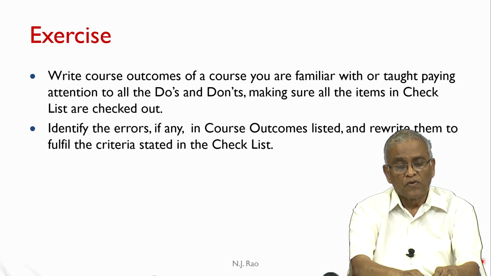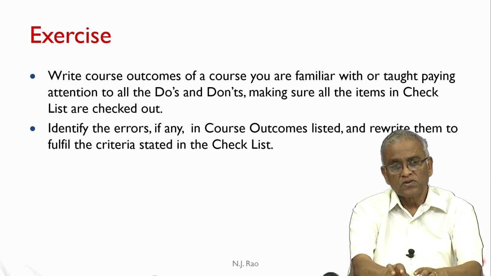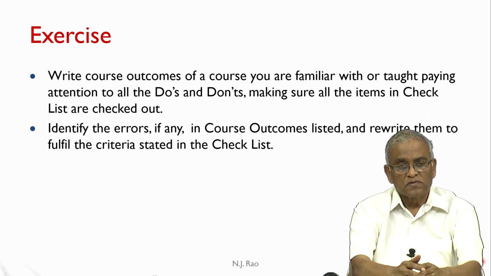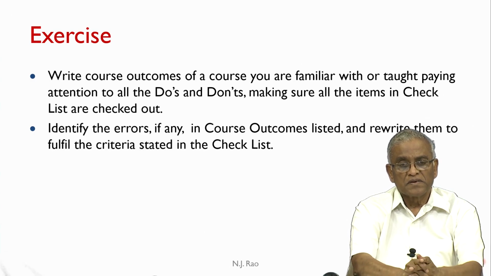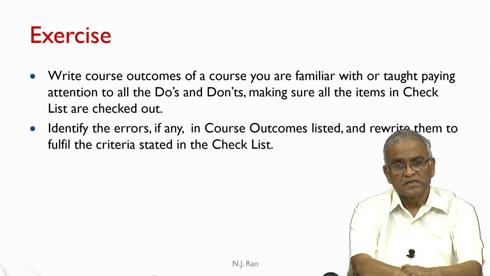We will continue with whatever you have written in the next unit by tagging them appropriately, and also identify the errors, if any, in course outcomes listed and rewrite them to fulfill the criteria stated in the checklist.